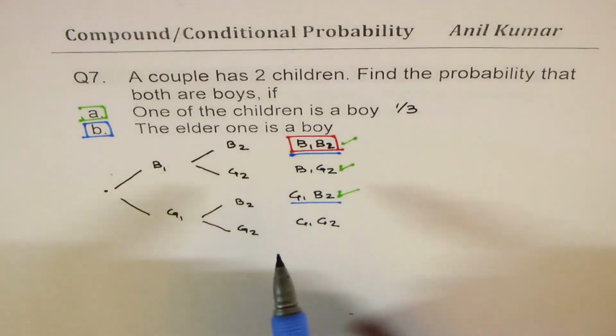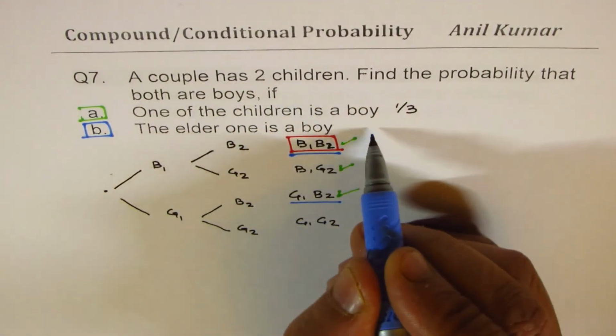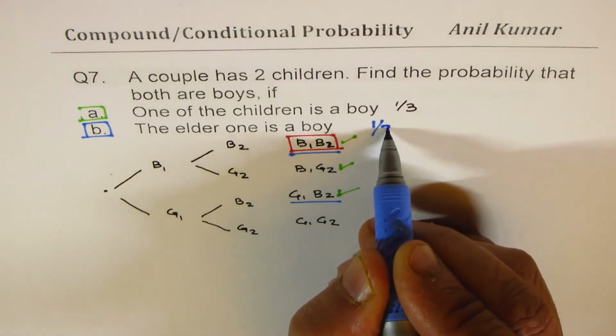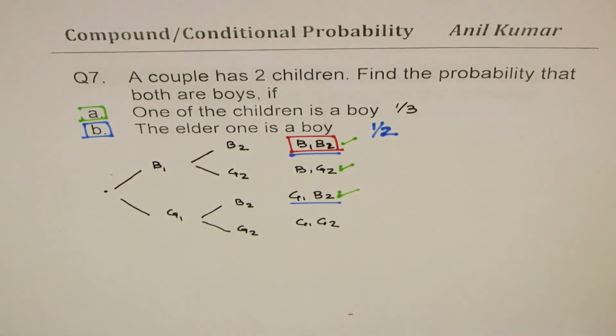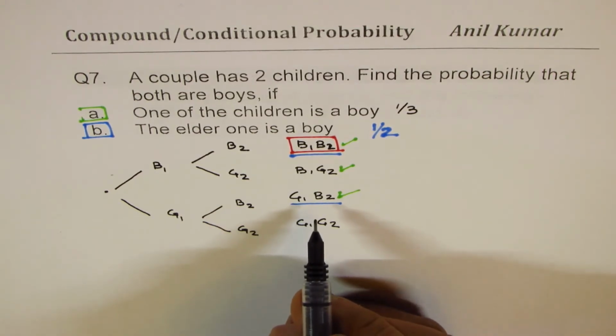So out of 2, there's only one in which both are boys. So it is 1 out of 2. Do you see that? That is how very easily we could answer this question from a tree diagram. So I'll prefer to use the tree diagram to answer this question.